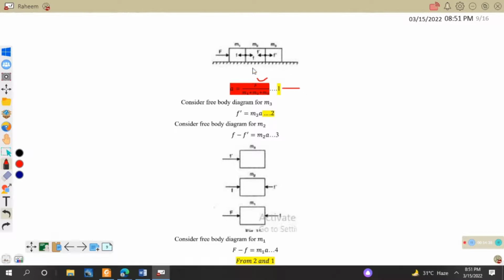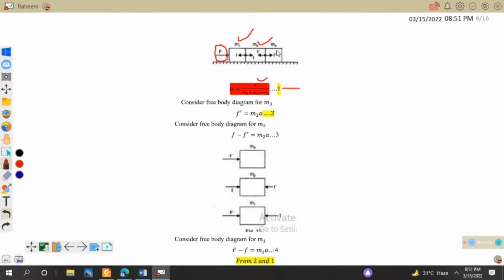Now in this case our applied force is acting on m1, and if we separate the forces and draw the free body diagram for the three separate cases: F prime for m3, which is the contact force because of m2.